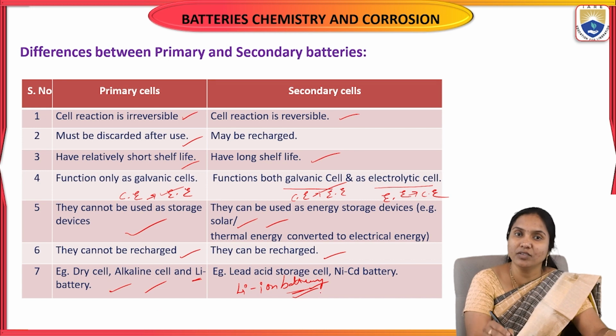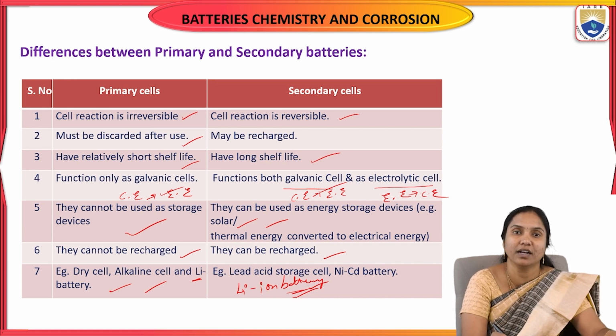The lithium battery is the best example of a primary battery, and the lithium ion battery is the best example of a secondary battery.